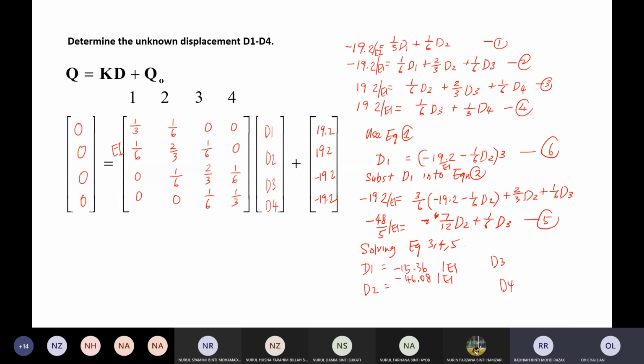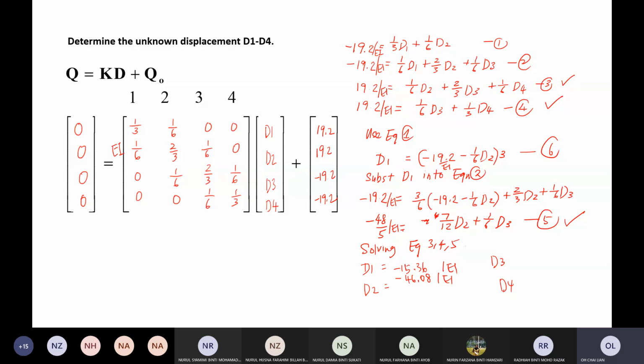Okay, what you need to do is use equations 3, 4, and 5. Are you using 3, 4, 5? You don't need to put in the EI, no problem. It means you just put in this value.